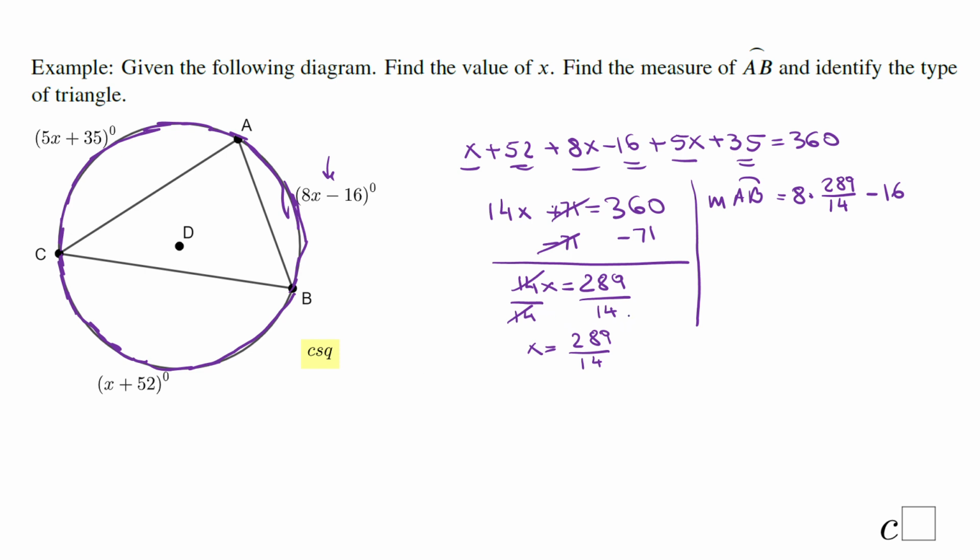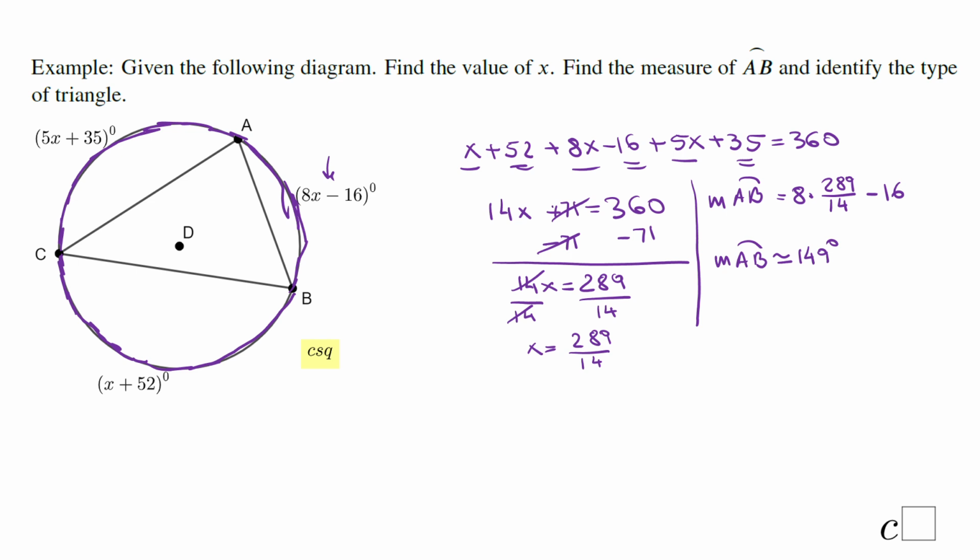And the measure of arc AB will be, I have here around 149 degrees. Okay, so like I said, the nice answer is not nice. I'm going to put here an approximation just to be sure. It's not exactly 149, but let's work with this 149.